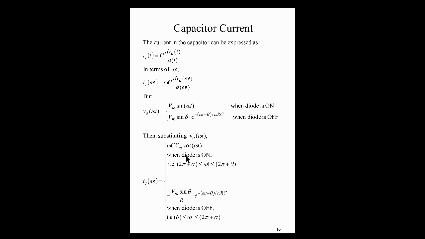And of course, it would be in this region between 2 pi plus alpha and 2 pi plus theta. And you do the same thing for when the diode is turned off, right? Just finding the first derivative, right? And of course, from the waveform, you would have noticed that the diode is turned off between theta and 2 pi plus alpha.